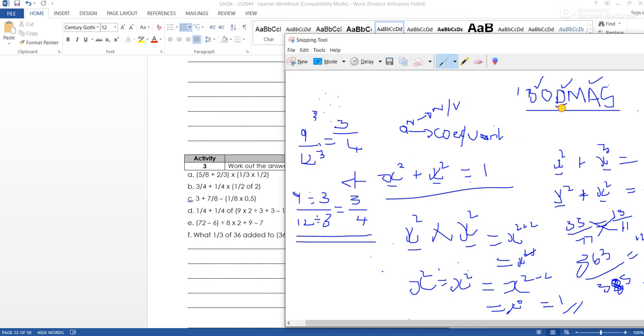It's always division. So in this instance, we've got 5 over 8 plus 2 over 3. So we need to find a denominator that is divisible to these two. So let's check.